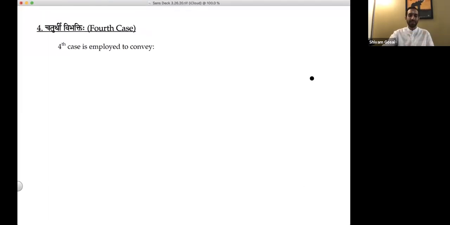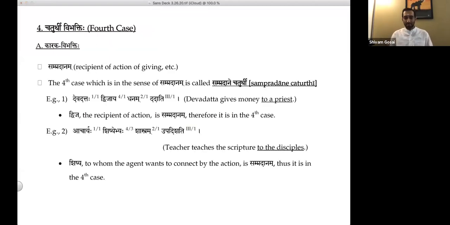Okay, so the fourth case is employed to convey often the sampradana, right? This is what we were talking about in the warm-up. In the warm-up, the sampradanam is often conveyed by the fourth case.